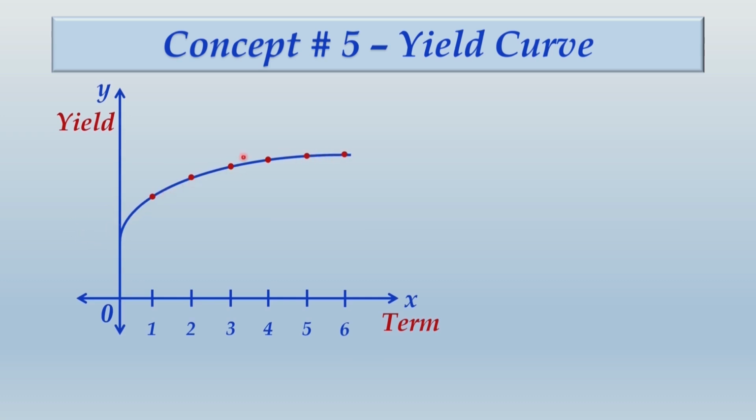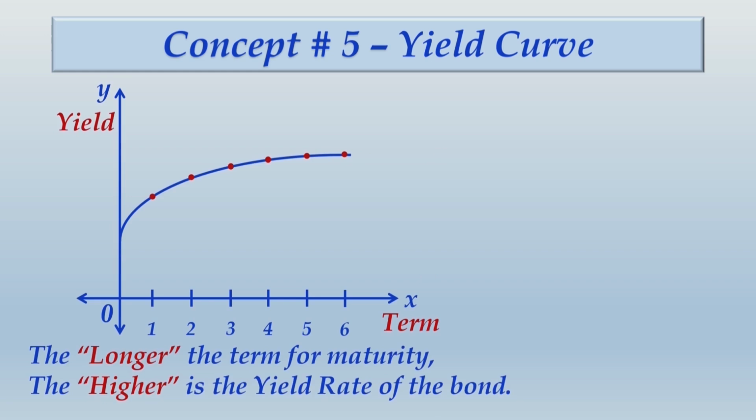Therefore, this cannot be a straight line moving upward, it will be a curve, and beyond a point, if you keep on plotting this curve ahead, it will mostly become flattened, right? Anyway, so through this relationship, what do we conclude? The longer the term for maturity, the higher is the yield rate of the bond.